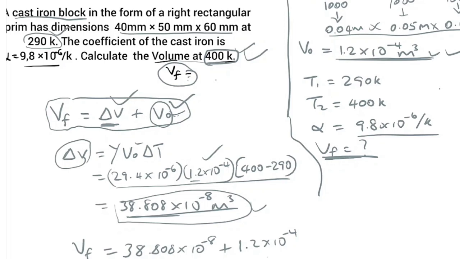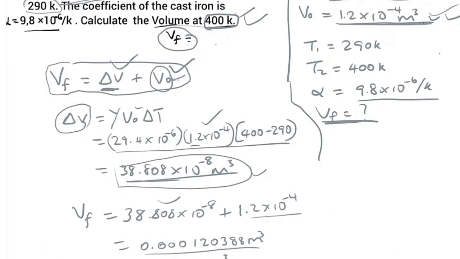So we calculate the change in volume, that small volume added here, and we add it to the original volume from this dimension. Then we find the final volume. Here it is. Then you can change it to cubic centimeters if the statement says to change it to cubic centimeters.